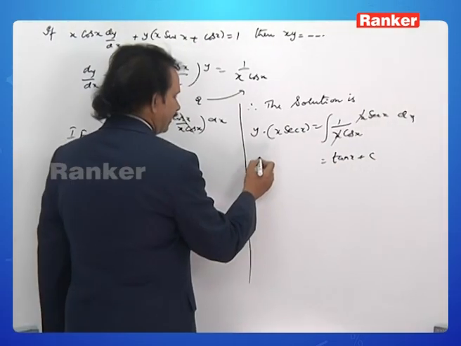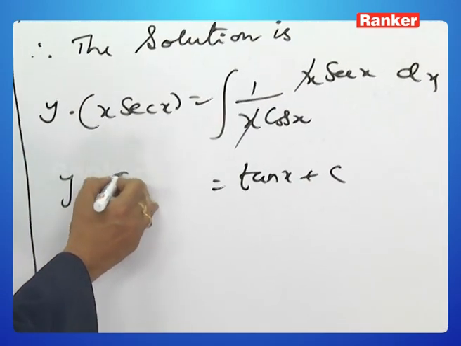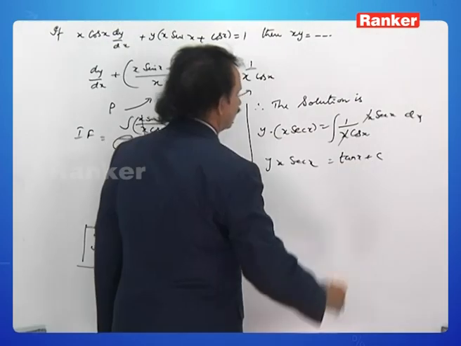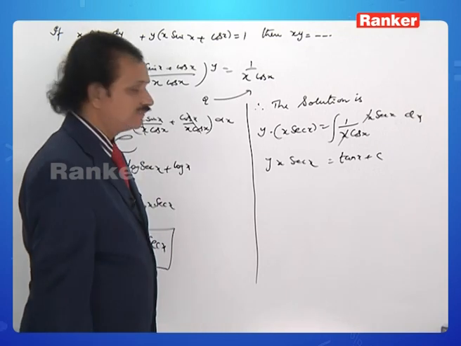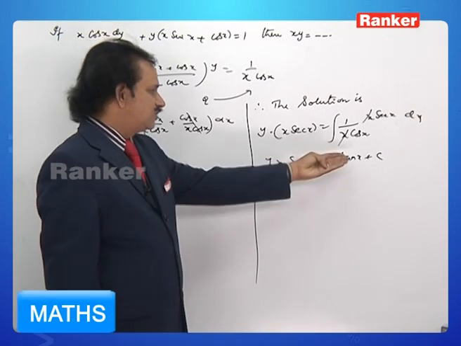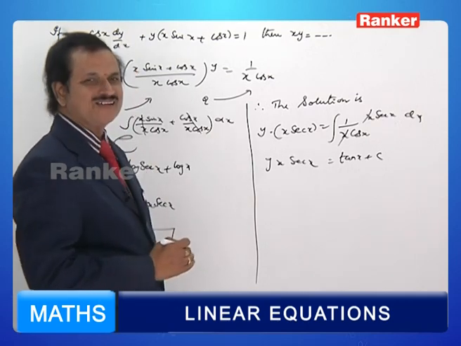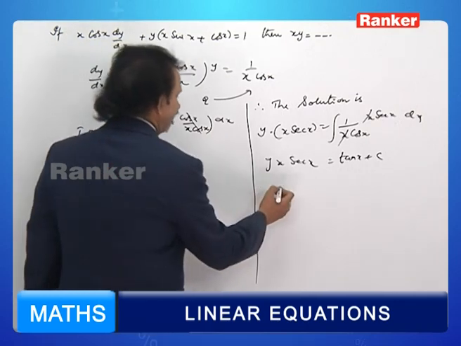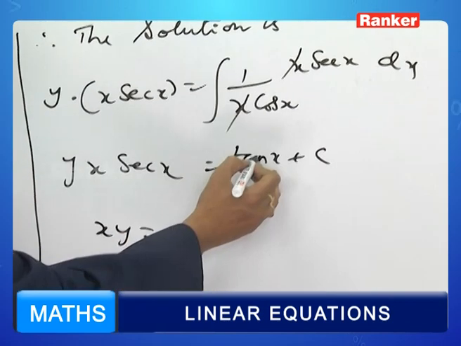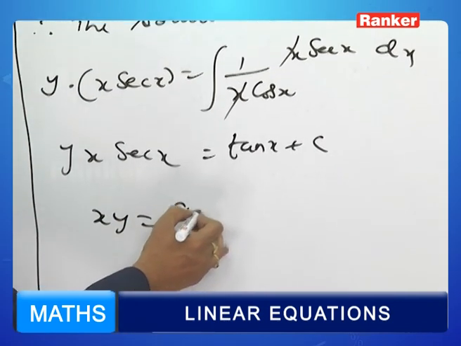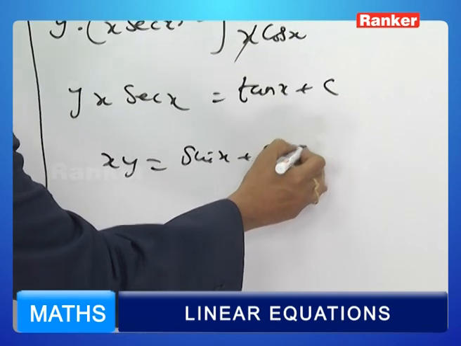Therefore, y into x secant x is equal to tan x plus c. This is 1 by cos x, this is sin x by cos x. Let us multiply with cos x on both the sides. You have xy is equal to sin x plus c cos x.